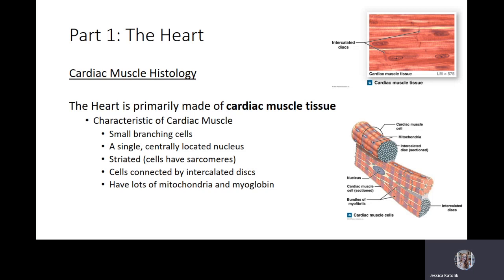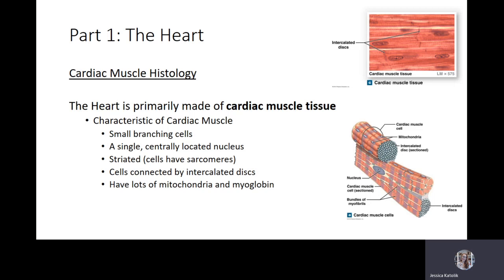This is going to be different than skeletal muscle tissues, which generally have long, unbranched cells. Like skeletal muscle, cardiac muscle is going to have striations, and those striations are the result of sarcomeres being present.